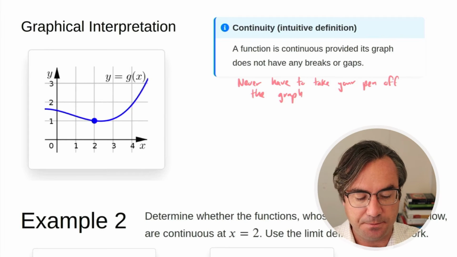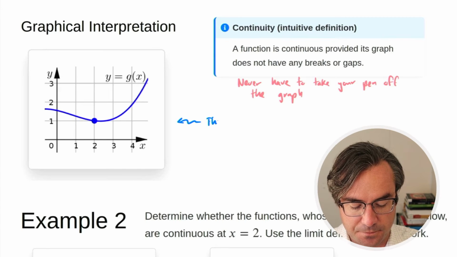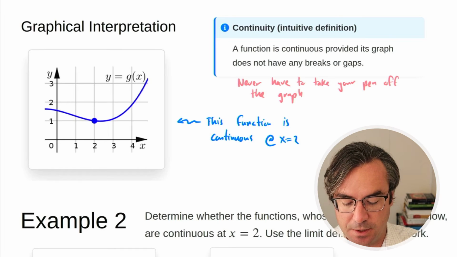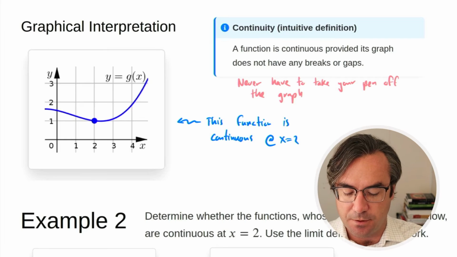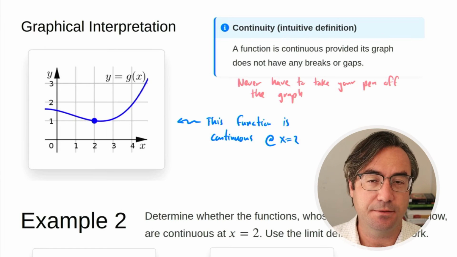In this example, this graph is continuous at x equals 2. Because what's going on there at x equals 2? The left side of the graph matches up with the right side of the graph, which matches up with the point that's actually there.